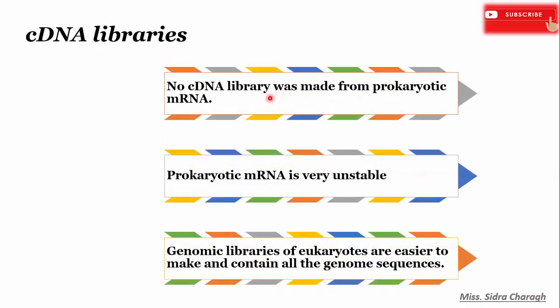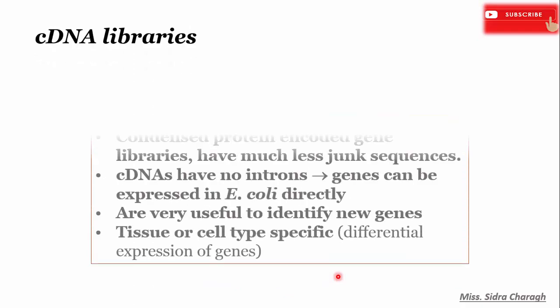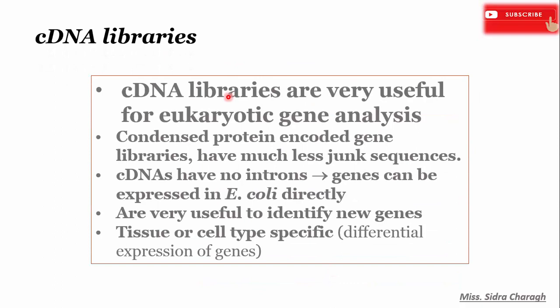From prokaryotic messenger RNA, we cannot make a cDNA library because prokaryotic messenger RNA is very unstable, and genomic libraries of eukaryotes are easier to develop and they contain all the genome sequences. And cDNA libraries are very useful for eukaryotic gene analysis.